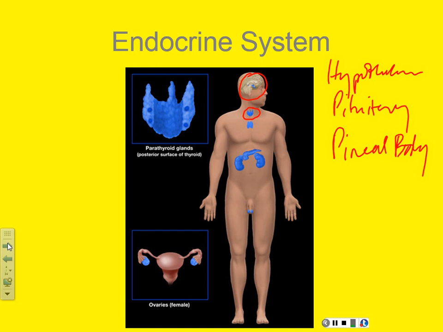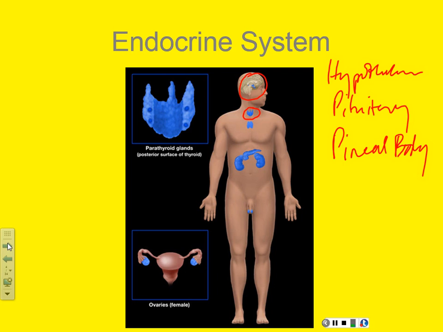This is much bigger in kids because kids haven't been exposed to microorganisms and they're still naive. As you get older and become immune to more diseases, the thymus gets smaller and smaller, and in an adult it starts to get replaced with fat and so forth.